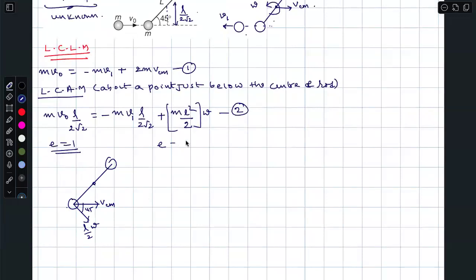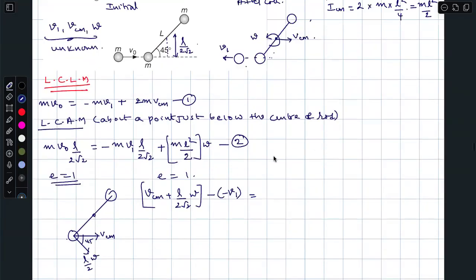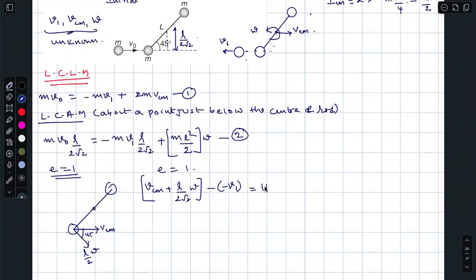So e equal to 1 means VCM plus L by 2 root 2 omega minus V1. Relative velocity of separation is equal to relative velocity of approach.